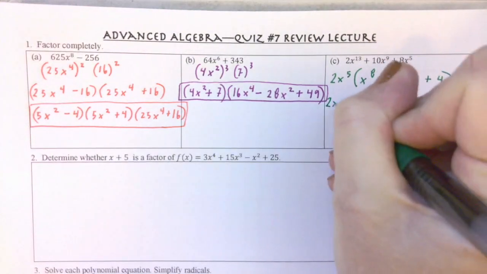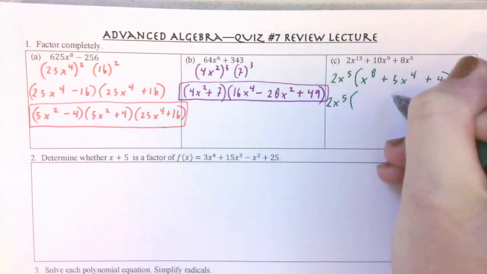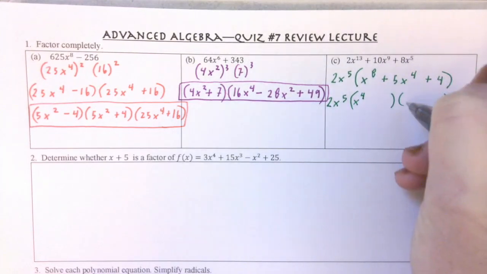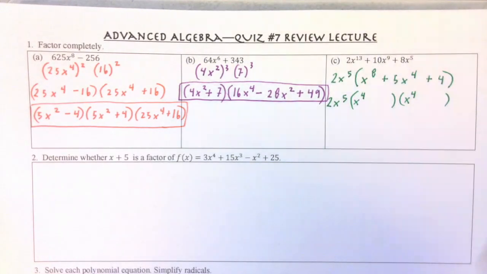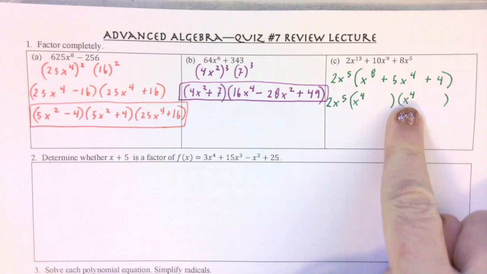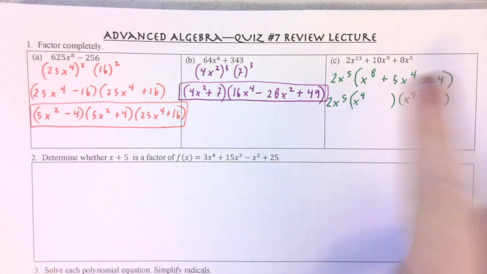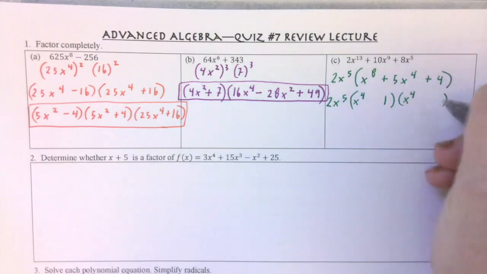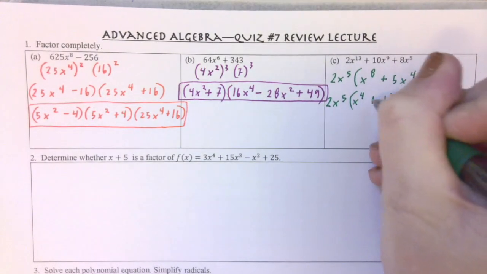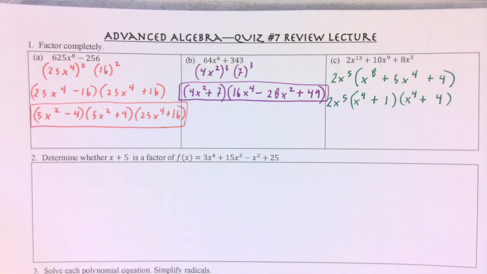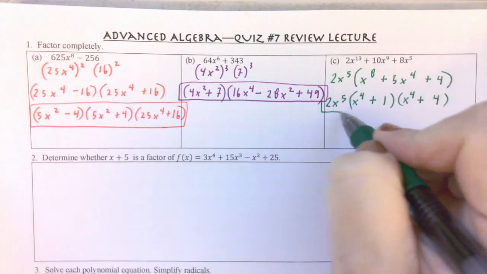I'm going to rewrite that 2x to the fifth. And then I know that my parentheses, I have an x to the fourth in the first two spots. So now what multiplies to 4 that adds to 5? And it has to be a 1 and a 4 with a plus in both spots. And then that's it. That's all I can do. Fully factored.